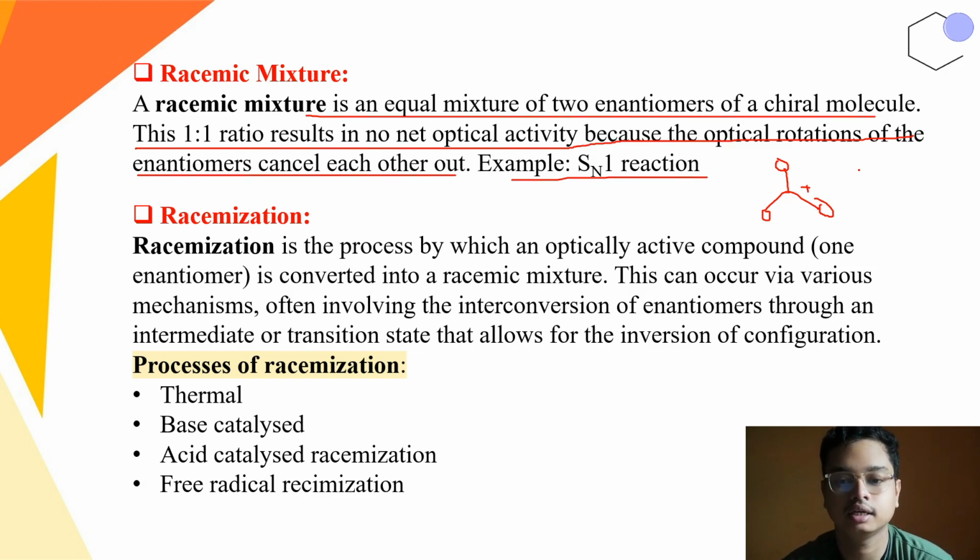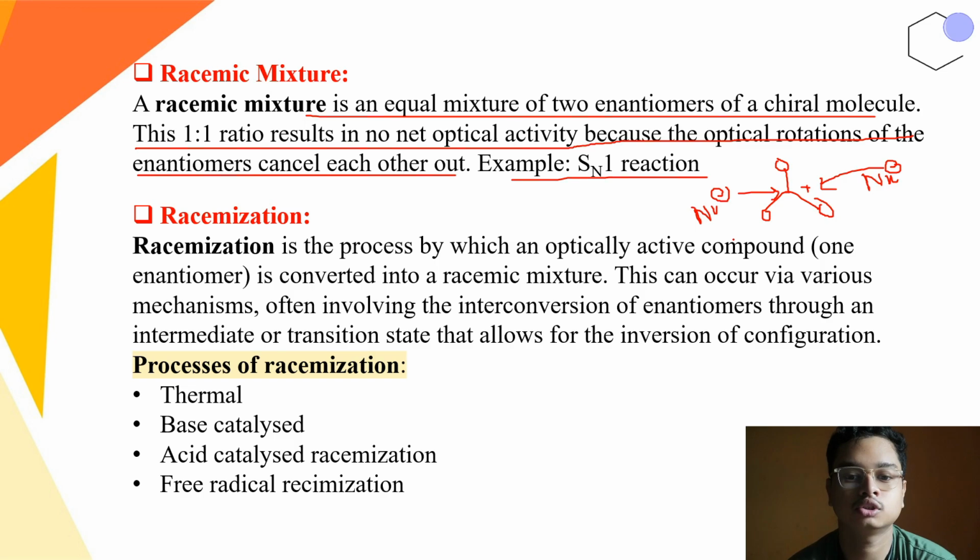Now the nucleophile can attack from here, and it can also attack from the other side. Both attacks have equal probability. That's why both stereoisomers are formed in the same amount, 50% R form and 50% S product.